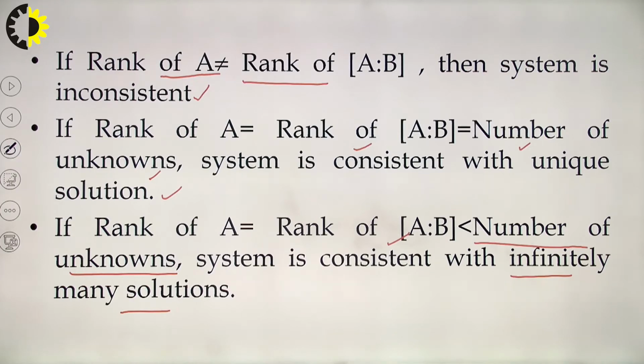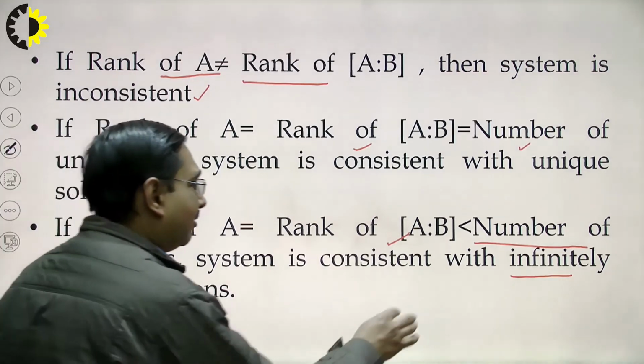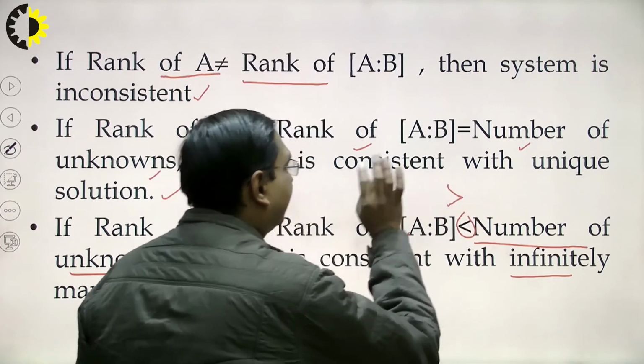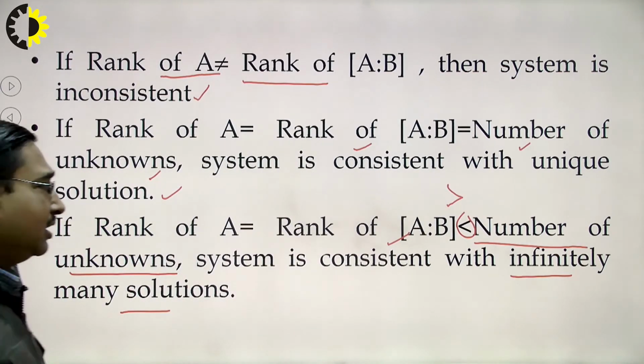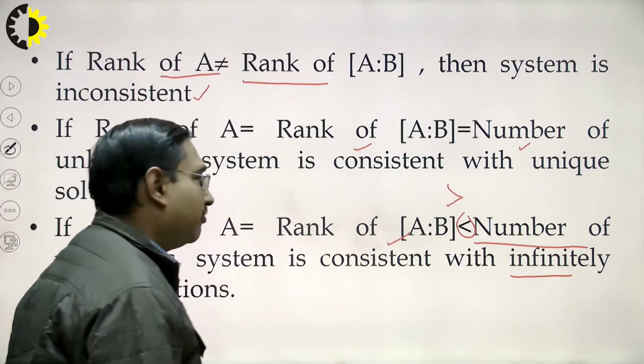Here one question may arise: what will happen if rank of A is equal to rank of AB but greater than number of unknowns?